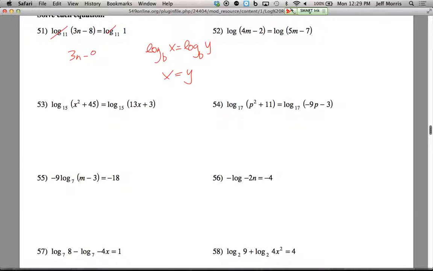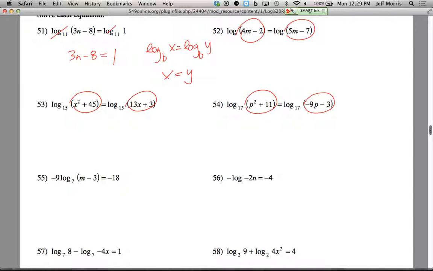They're not canceling. We're just saying that those two things have to be equal because we're taking the log of the same base of both sides. Now this only works when the bases are the same. So what are you going to do in number 52? Set these equal. What are you going to do here? Set them equal.